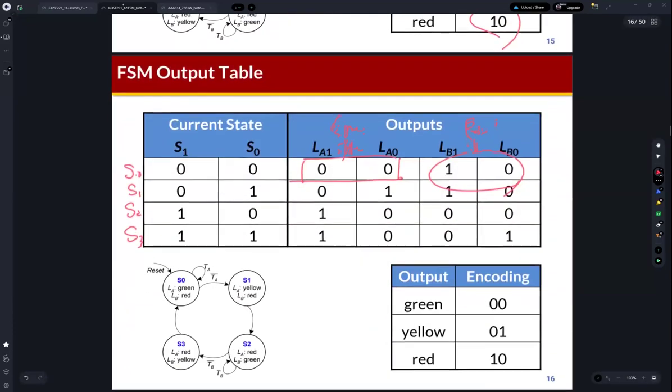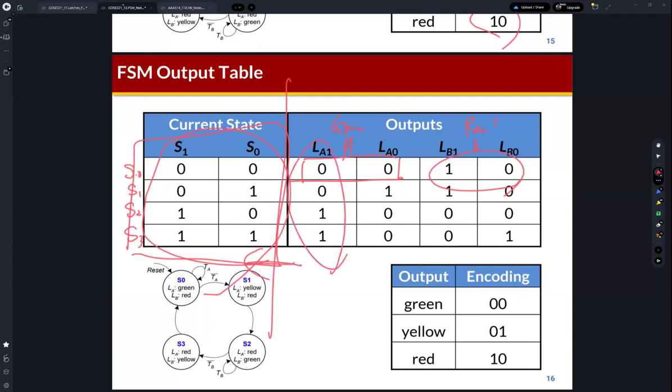Based on this encoding table, we can define the output value. So what's this? This is a truth table. This is the input, right? The current state is the left side of the truth table, and based on this input, we can generate the 4 output bits: LA1, LA0, LB1, LB0.